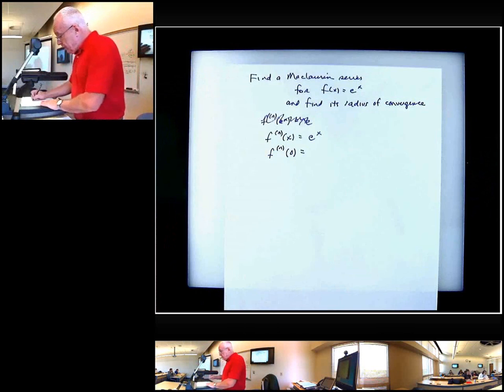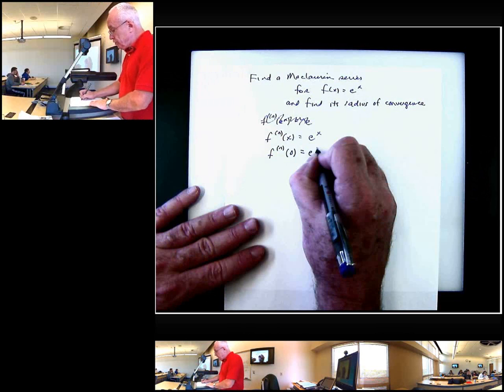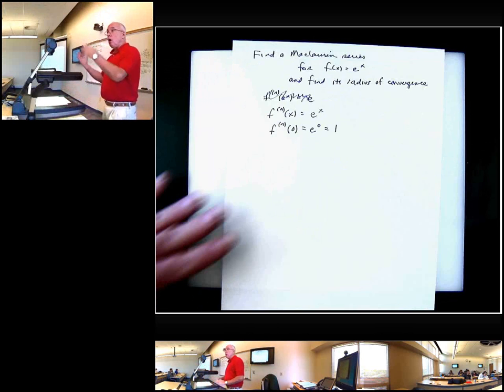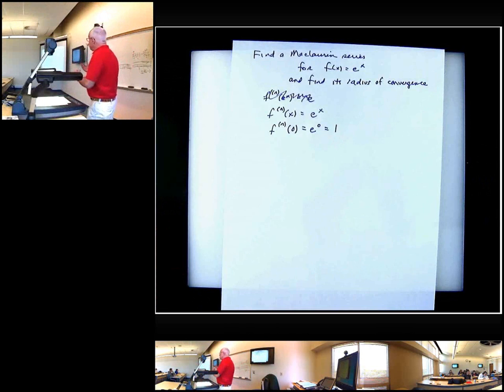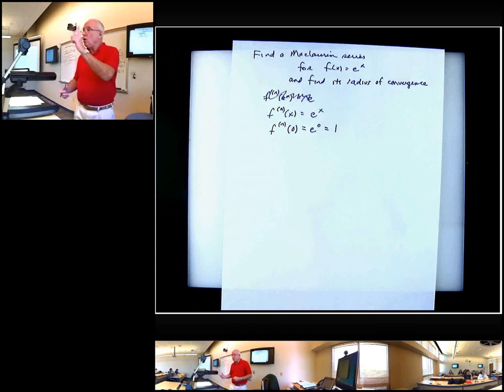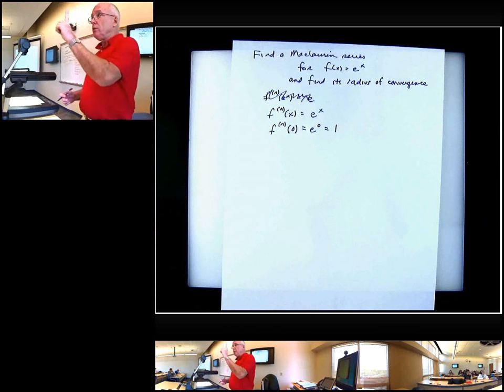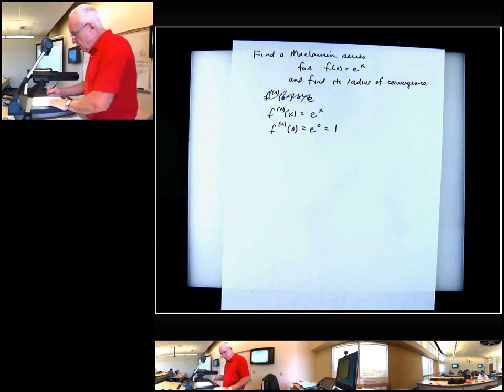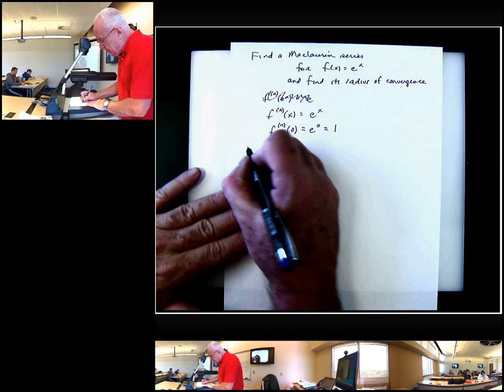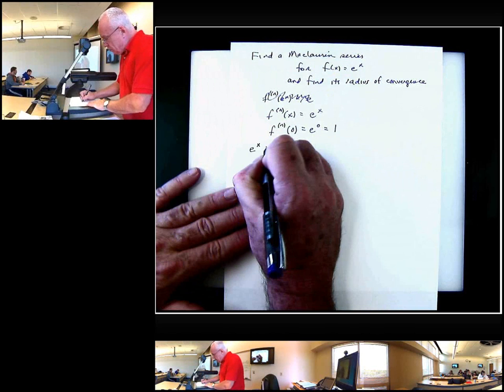So that's going to be e to the 0 power, which is equal to 1. So all of those nth derivatives in our Maclaurin series, all evaluated at 0, are all just going to equal 1. Okay? So let's write, so e to the x is equal to this summation.